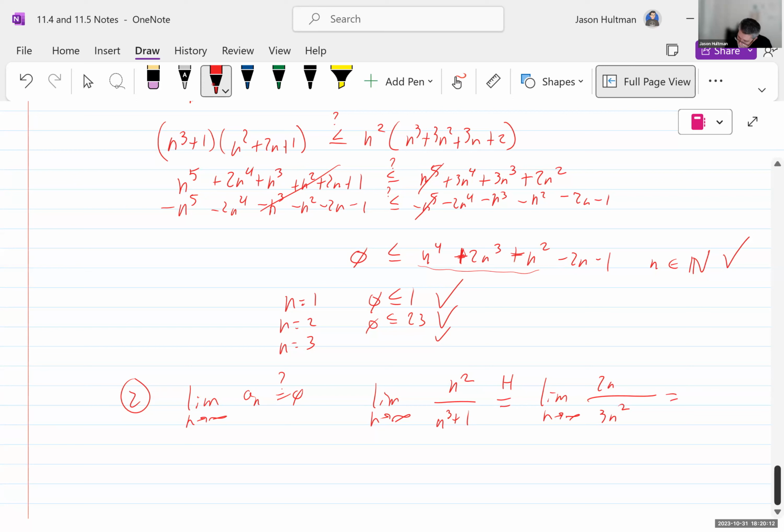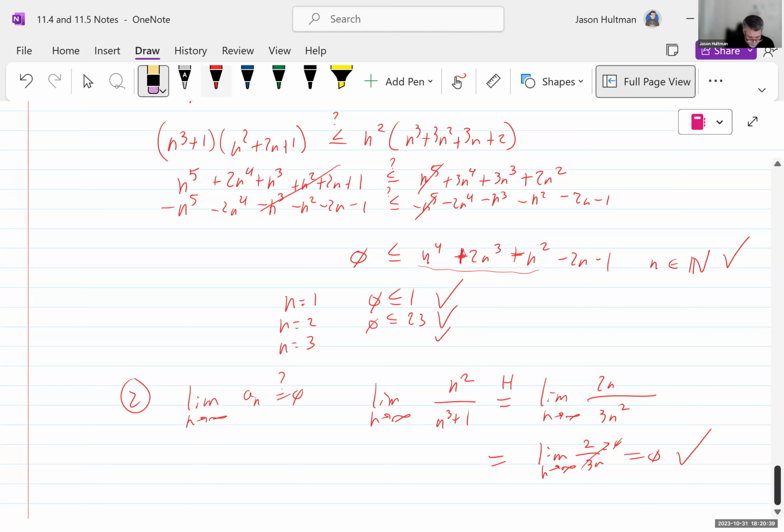I could say that this is equal to 2 over 3n, which goes to 0. I'll put this below, I'm running out of room. The limit of 2 over 3n as n goes to infinity does go to 0, which checks.